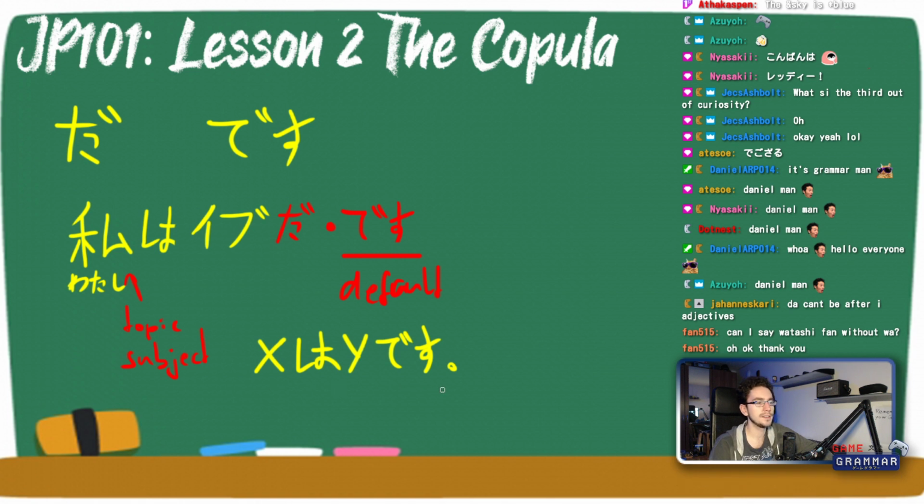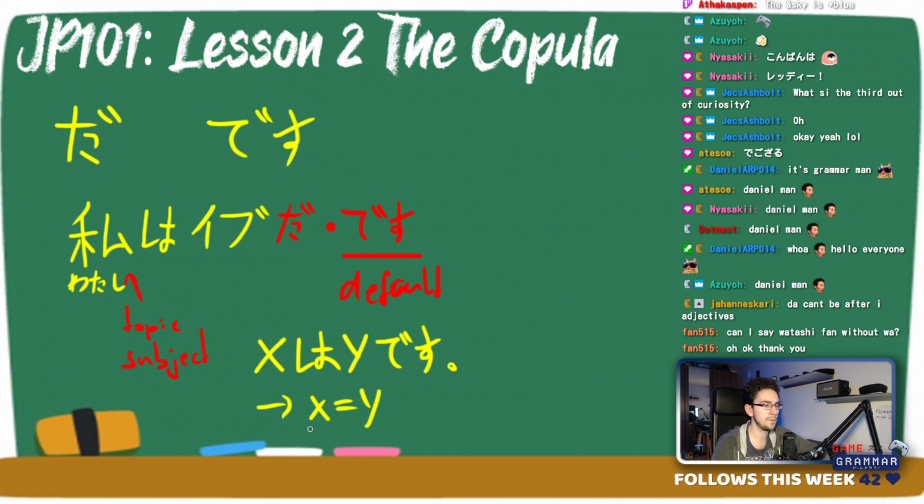X wa y desu, which is kind of like saying x is y, or has the property of being y, okay? So x wa y desu. That's basically as simple as it gets, right? For the most part, you will have this kind of basic structure.